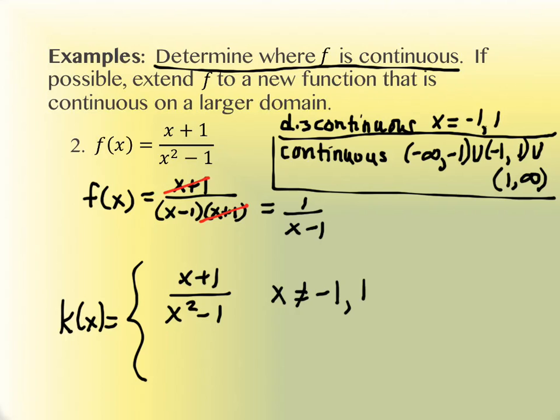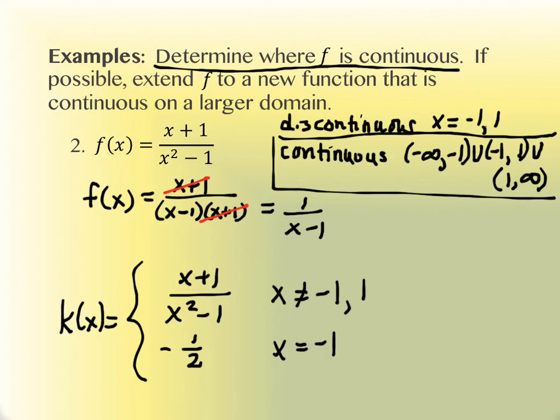Now we know, even when we use this reduced version, I can't plug in the number positive 1. But what would happen if I were to plug in the number negative 1 there? I'd get negative 1/2. So the other piece that extends this is to have a place to plug in negative 1, to give me that negative 1/2.